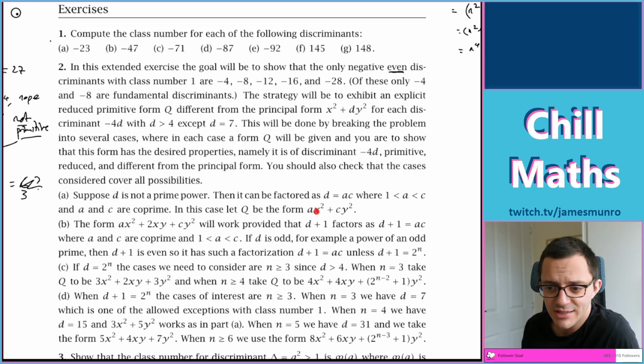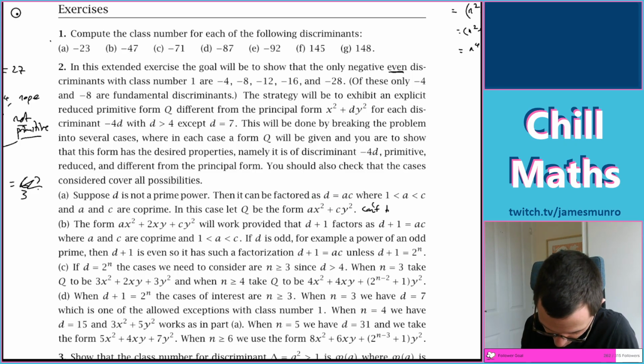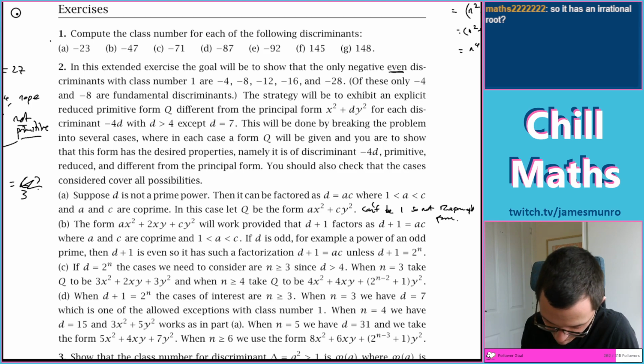This first term is either 0 or too large, and this one's either 0 or too large. You can make it 0 if you put 0 in both, but you can't make it 1. So this can't be 1. So not the principal form. Oops. Are we calling these principal forms for these ones? Fair enough.